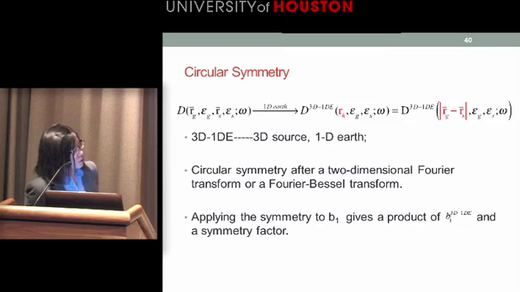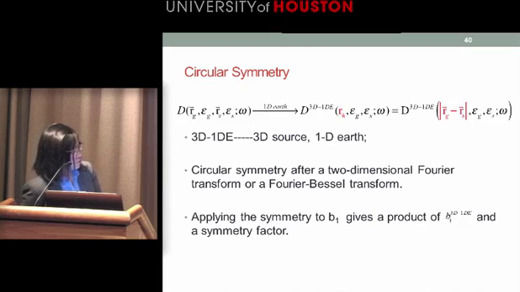So we use the superscript 3D 1D E to represent the 3D source 1D Earth case. And this circular symmetry will be seen after a 2D Fourier transform or Fourier Bessel transform. Because we are talking about 1D Earth, these two transforms in this case are equivalent.